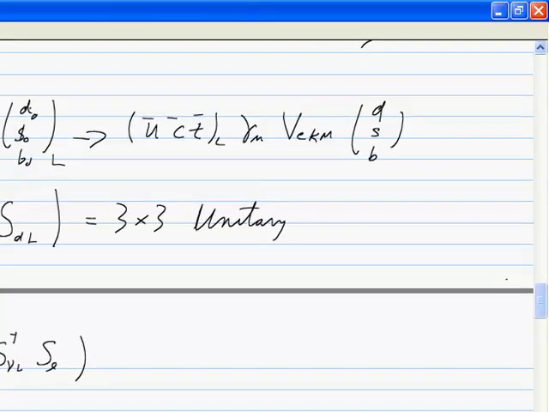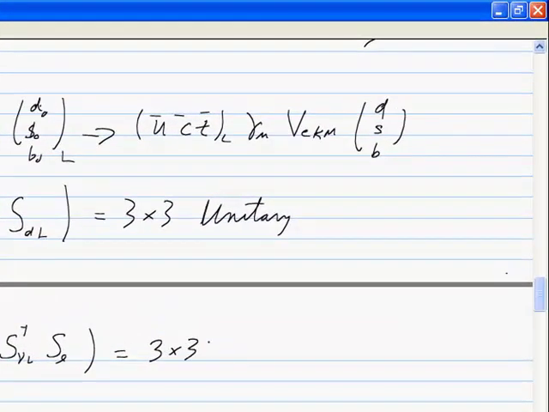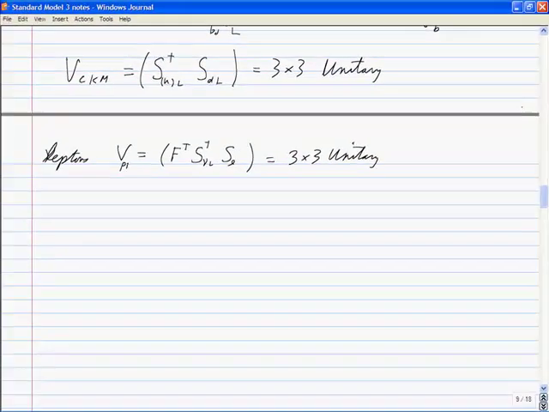But the net effect is not much different, even though there's a new matrix there. It's also still 3 by 3 unitary. This is the Pontecorvo-Maki-Nakagawa-Sakata matrix, PMNS.